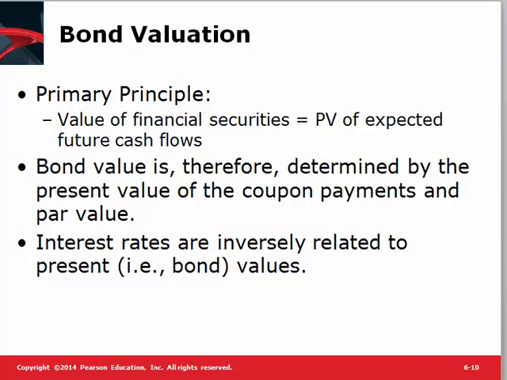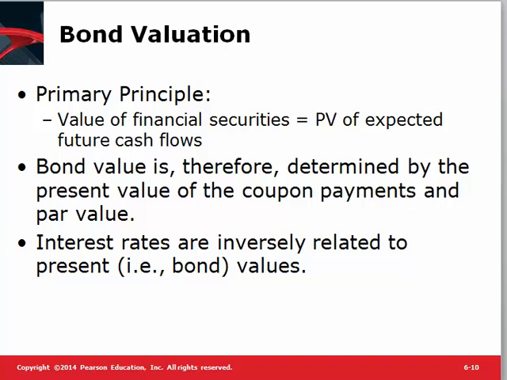What's the primary principle behind investing? Well, we need to identify what the value of the asset is. So that's a calculation. It's the present value of the expected future cash flows of the asset. For a bond, therefore, we need to have what are the coupon payments and what's the par value.